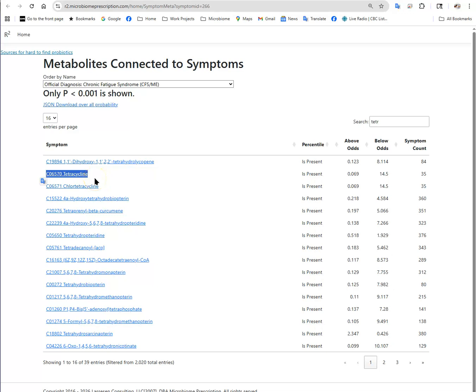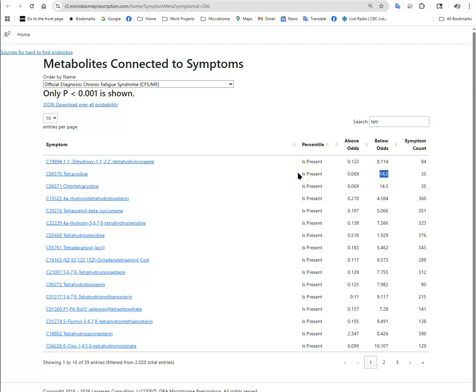And here is where the fun is: tetracycline is a metabolite which occurs naturally in the body, but it is also an available antibiotic. And what do we have? If it is present, then the odds are pretty low of having chronic fatigue syndrome. If it's not present, the odds are high.